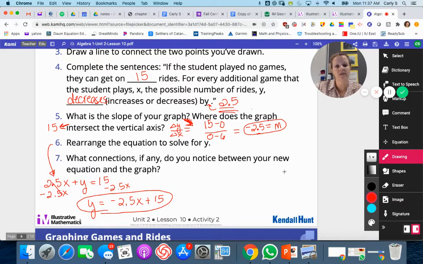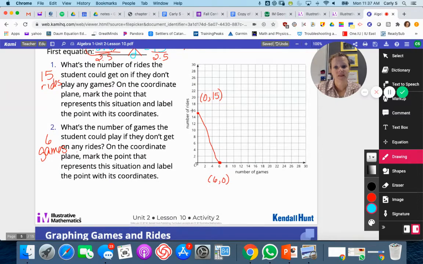What connections, if any, do you notice between your new equation and the graph? My slope is negative 2.5. Where the graph intersects the vertical axis is 15. Okay, that's how it works. I start at 15, and for every change in y, for every 1 unit I go down in y, I go over 1.25 units.